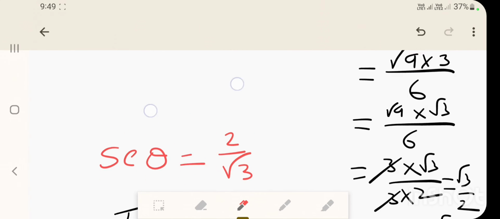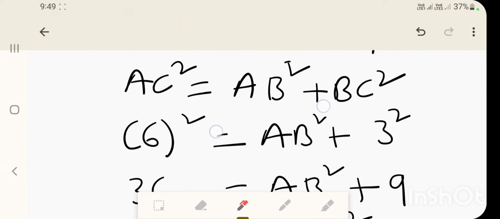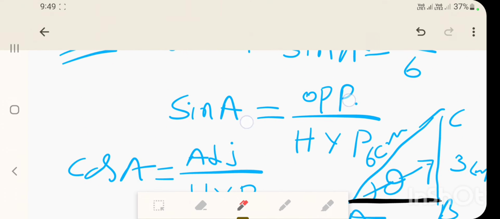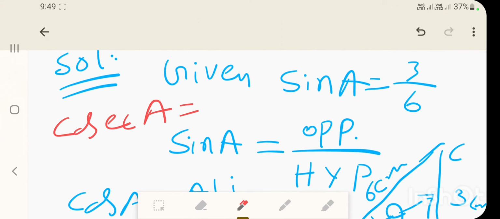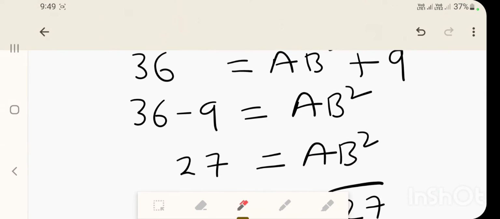And cosecant theta is nothing but the reciprocal of the given sine, that is cosecant A. Here it is 6 by 3, that is going to be 2. So that is cosecant A.